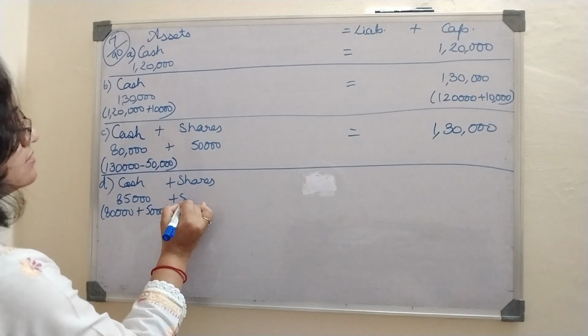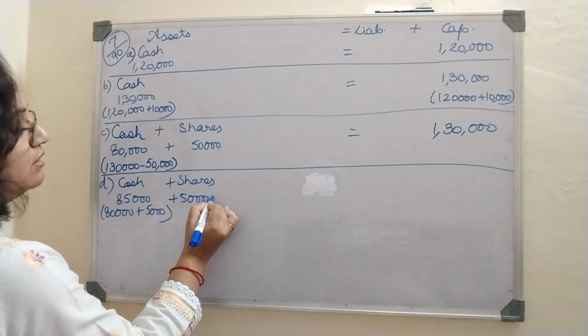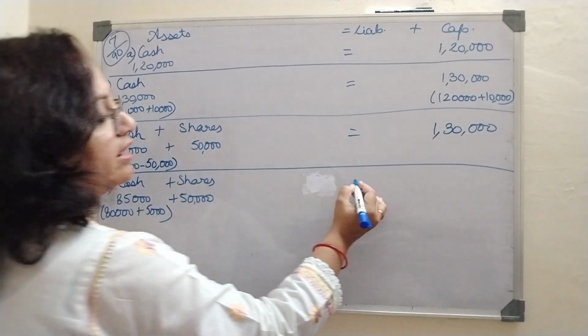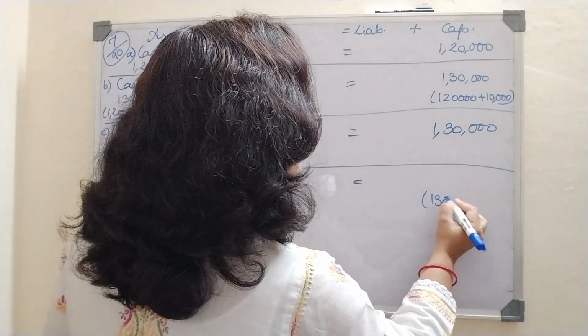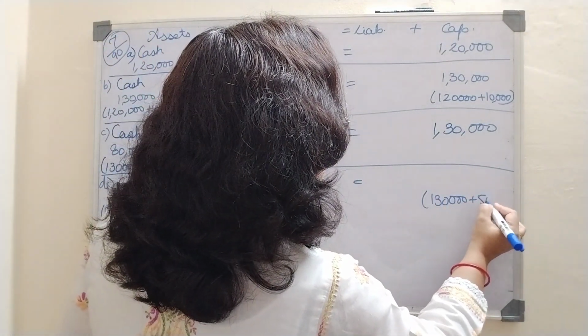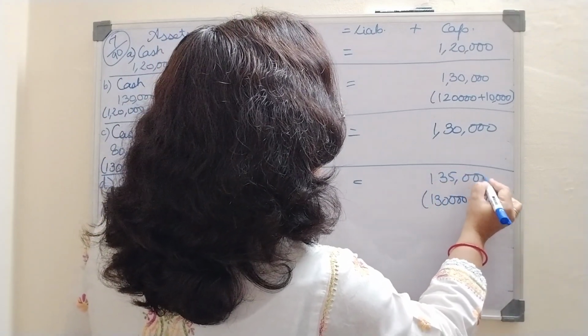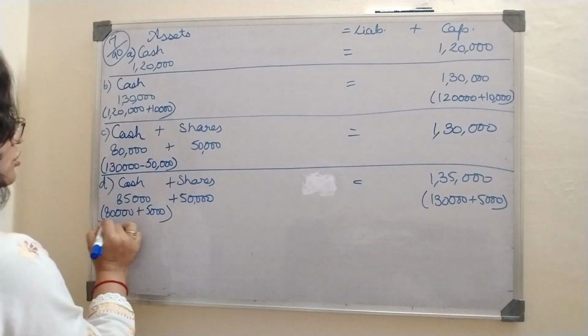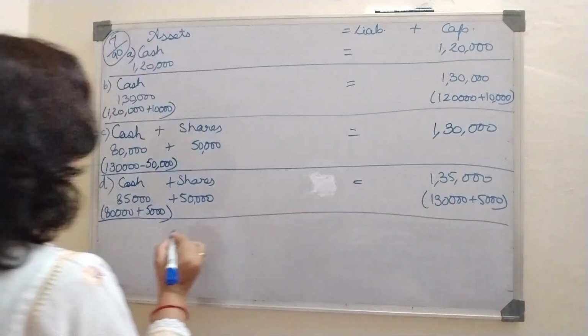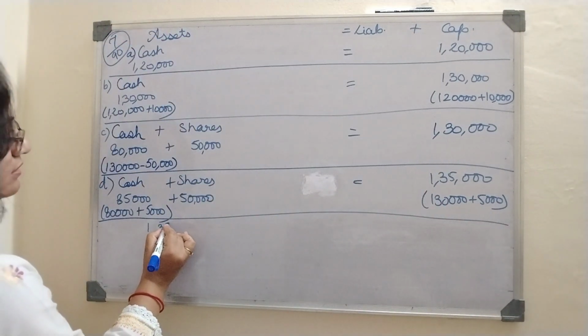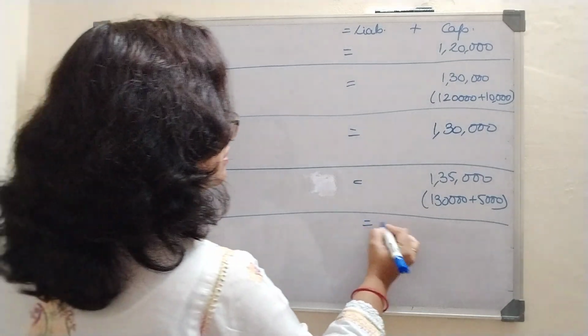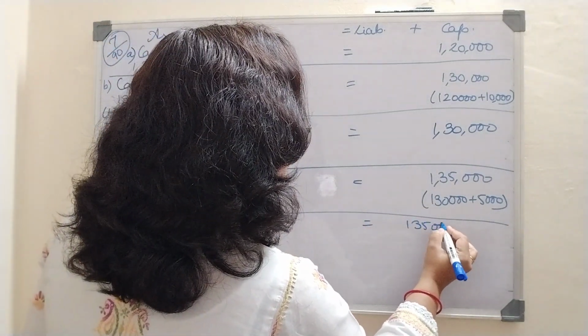We write it as usual 50,000. And over here now we will be adding 5,000. So it becomes 1,35,000. So the total of both the sides is 1,35,000 is equal to 1,35,000.